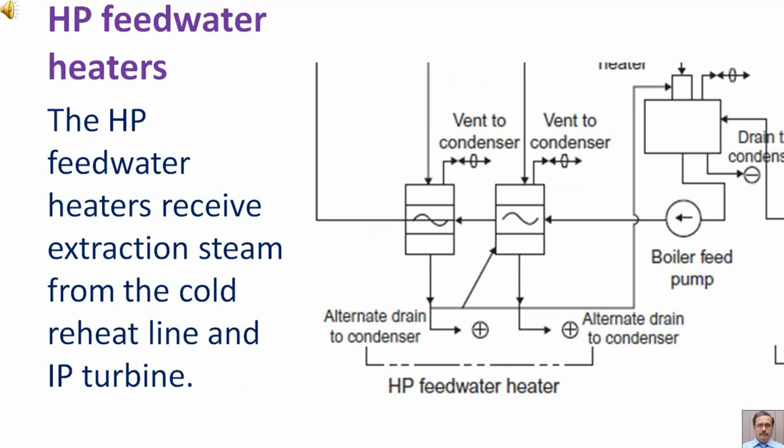Here we are having cold reheat line extraction and this one is the intermediate pressure turbine extraction. The HP feedwater heaters receive extraction steam from the cold reheat line and intermediate pressure turbine.